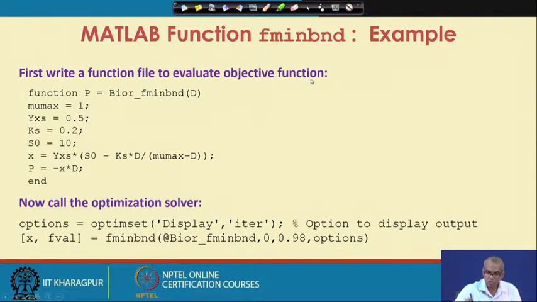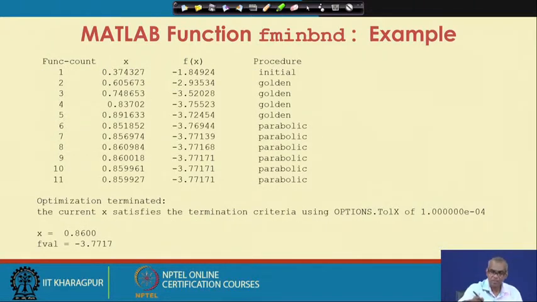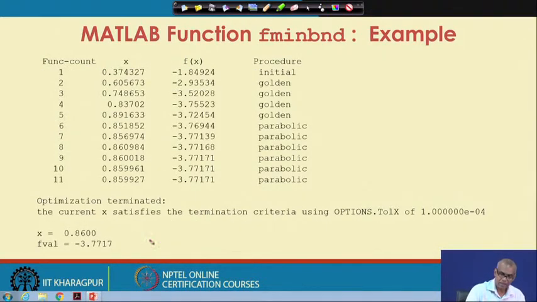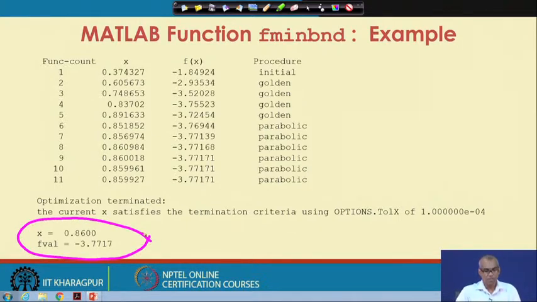You can also send options. If you run this program, you get the solution: X is 0.8600 and the objective function value is minus 3.7717. Note that the minus sign is there because the maximization problem is converted into a minimization problem. fminbnd initially uses golden section search and then uses parabolic interpolation.